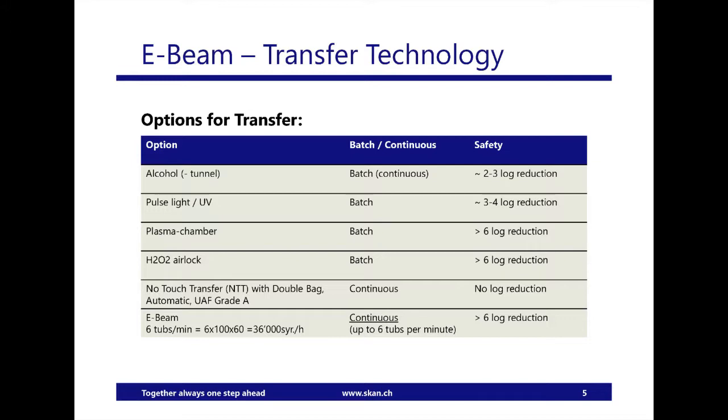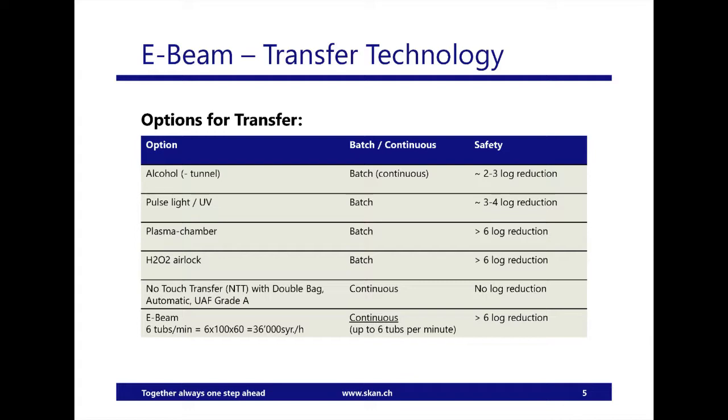We can use a plasma chamber, also batch-wise, with a 6 log reduction. There's one installation, GSK in the UK, in Barnard Castle, using a plasma chamber from the company Groninger. And we have H2O2 airlocks, widely used, also batch-wise, giving more than a 6 log reduction for the tub to be put in.